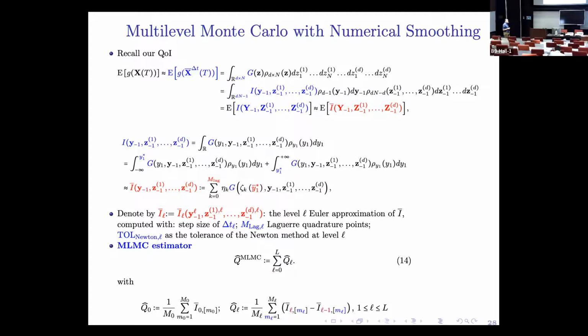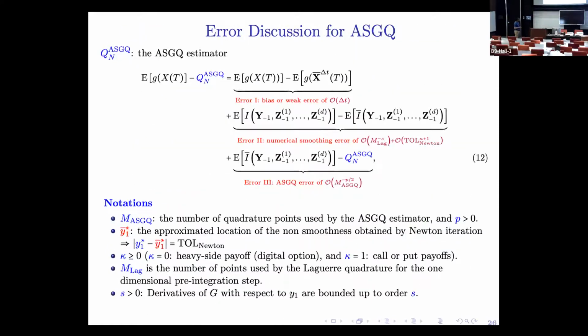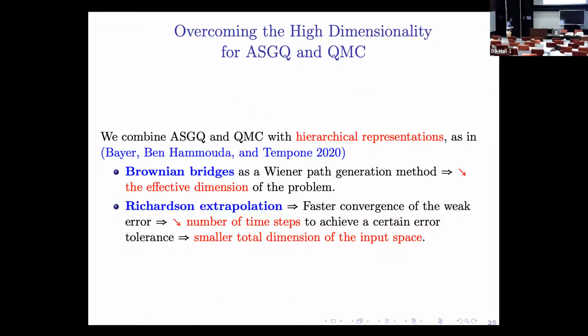So it is in our interest to control the weak error with Richardson extrapolation, because we will need fewer time steps compared to the case where you don't use it. Here we use the same technique as in another work we did for rough volatility models.